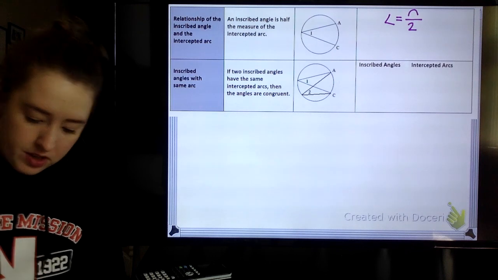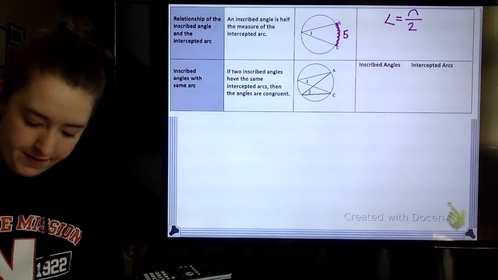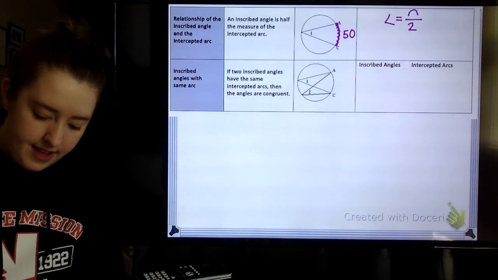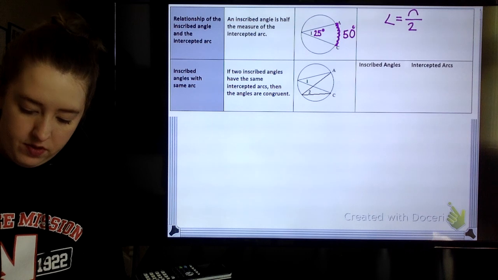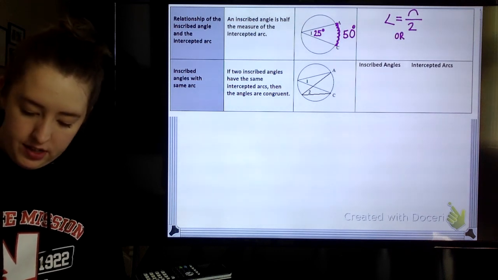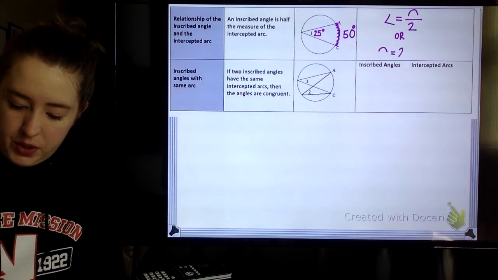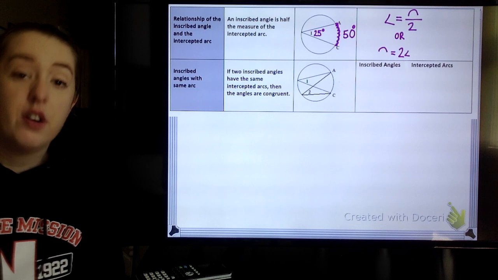All right? So if this arc is 50, that means that this angle is 25. Or another way to think about it is your arc is equal to 2 times your angle. So if your angle is 25, then your arc is 50.